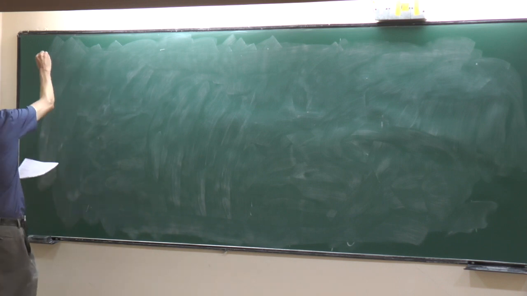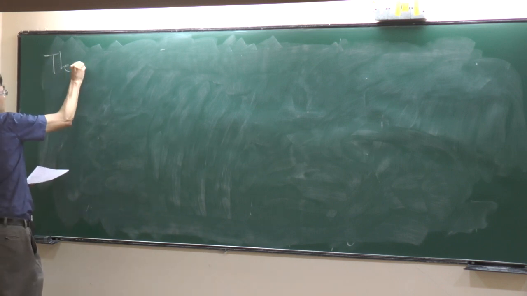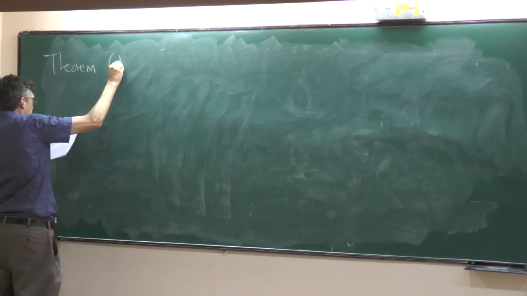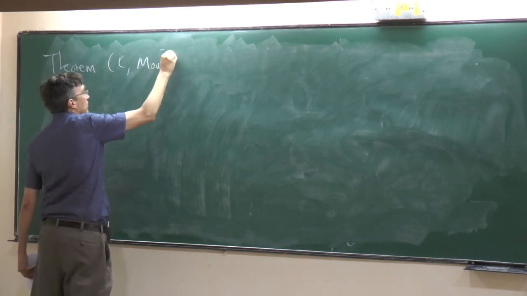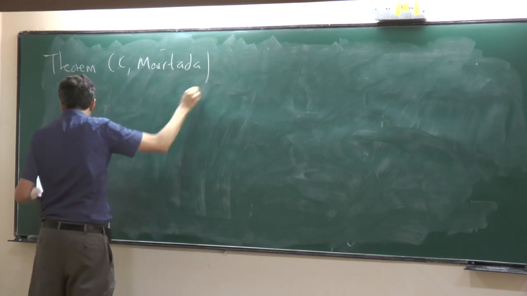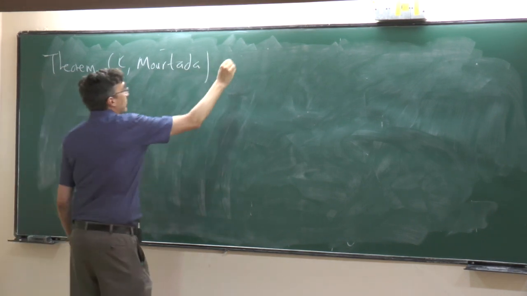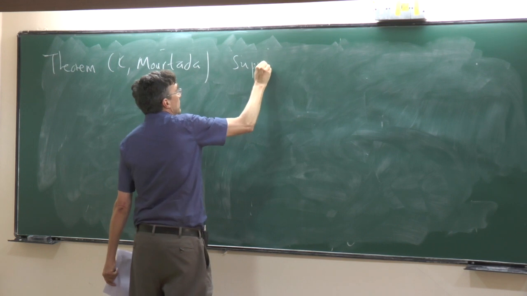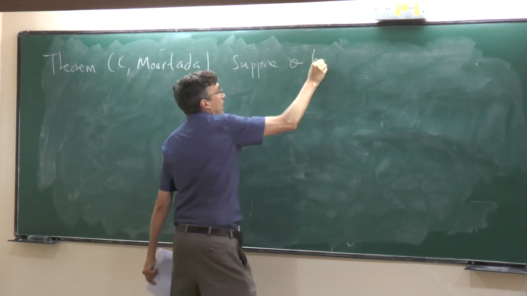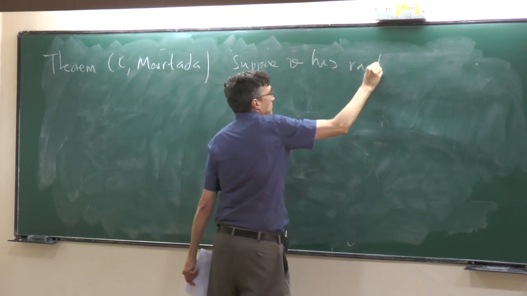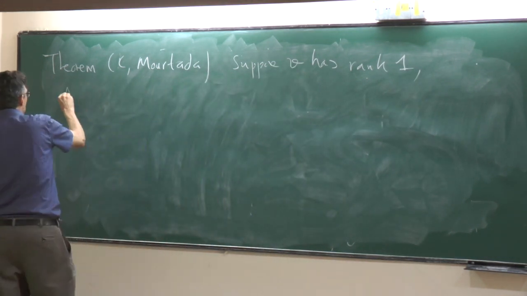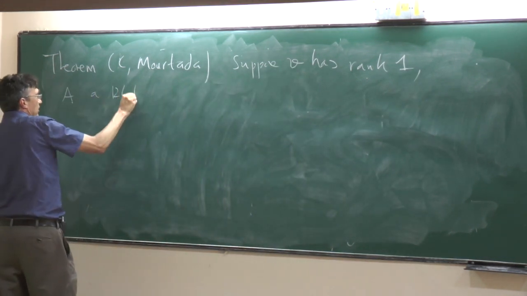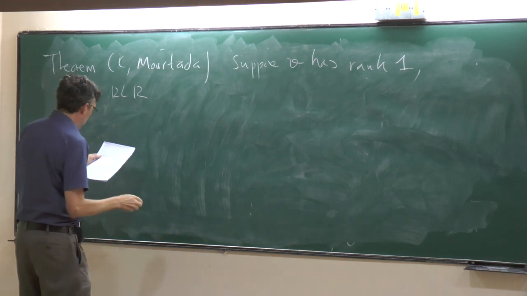Okay, so let me say this theorem. This is with myself and Hussein Mortada. Let's suppose that nu has rank 1, and A is a regular local ring. This is the classic condition.